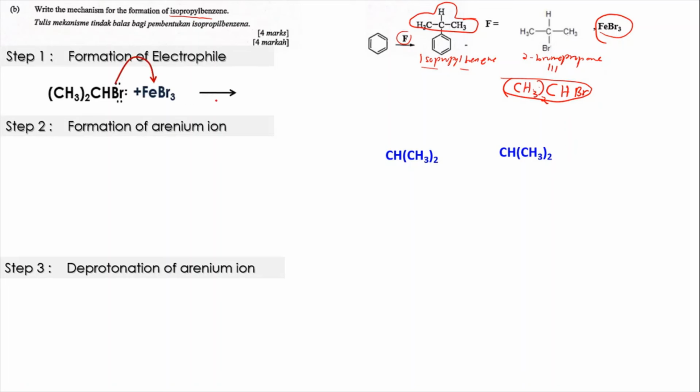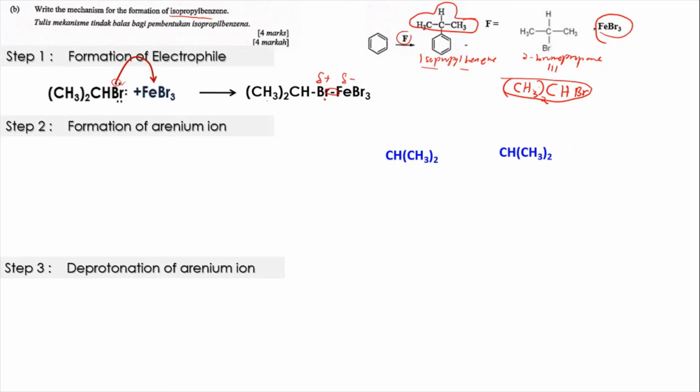So what they're going to produce is a complex, (CH3)2CHBr, and then a bond is formed between the bromine and the ferrum. As a result, the bromine will carry a partially positive charge, and the ferrum will carry a partially negative charge.